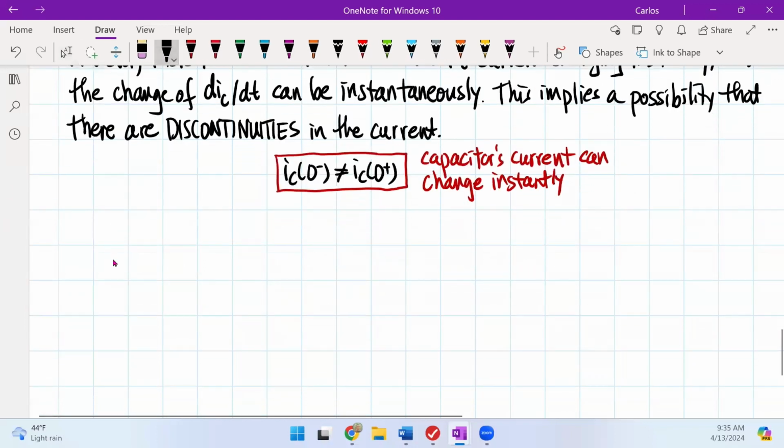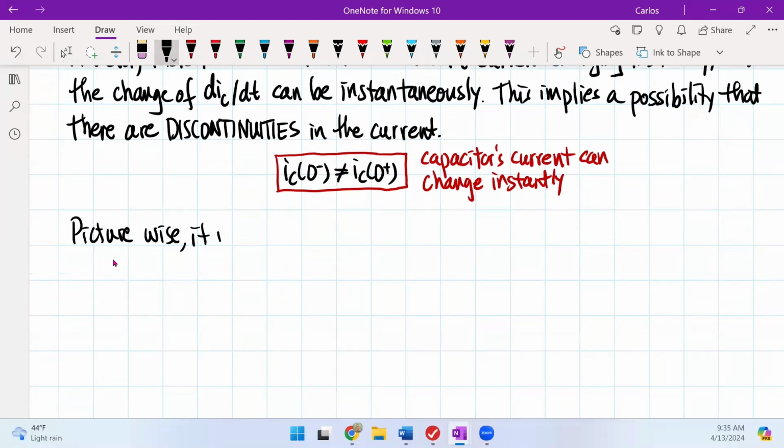So picture-wise, it is very possible to have an instantaneous jump.